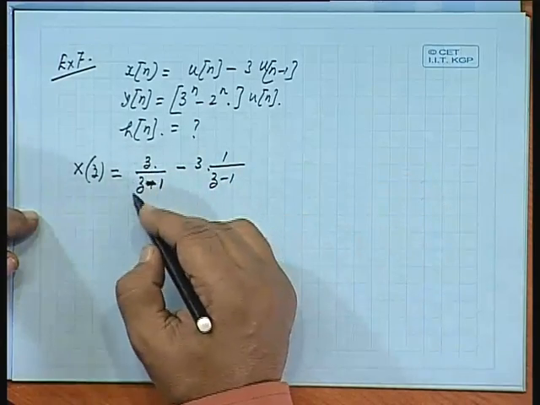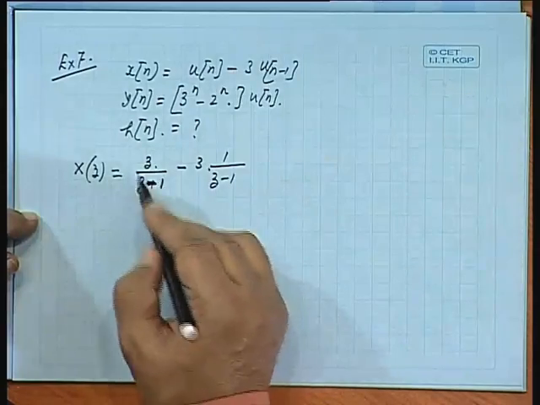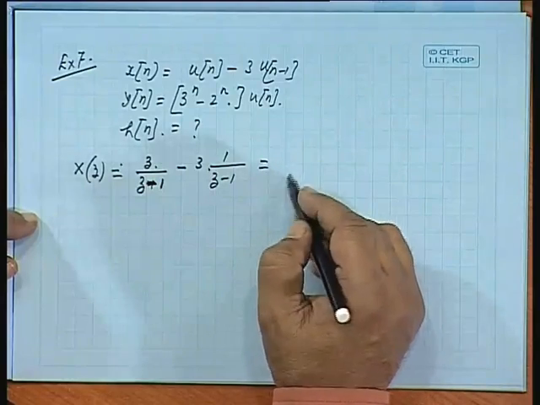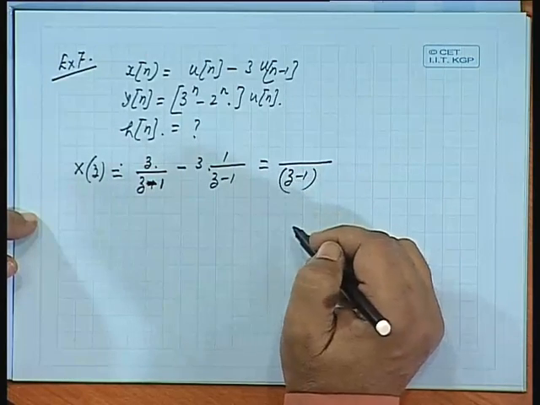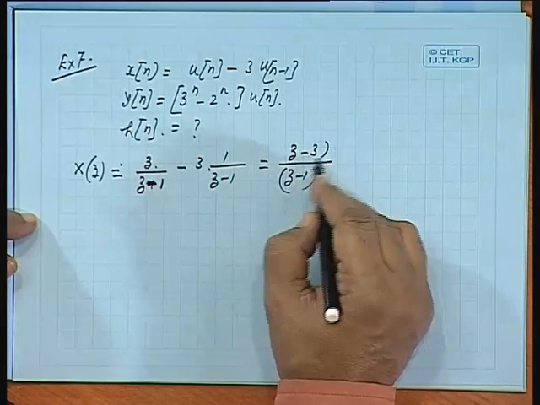It is z by z minus 1 shifted by one step, so z inverse multiplied by this. So, z inverse will get cancelled with this z. So, it will be 3 by z minus 1. So, we may take z minus 1, z minus 3. Is that so?